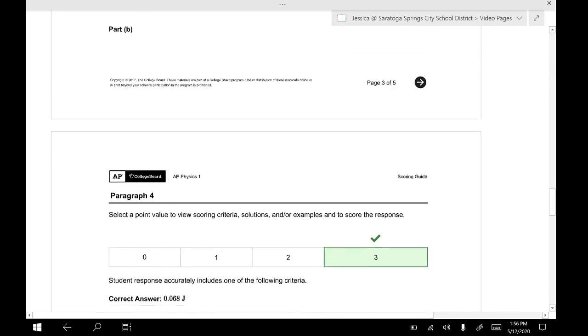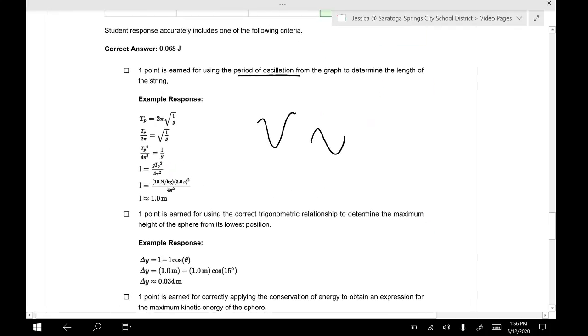All right. So for g, they use 10. If you use 9.8, let's see what we would get, times 4. These two cancel, so I'm just going to divide by pi squared.